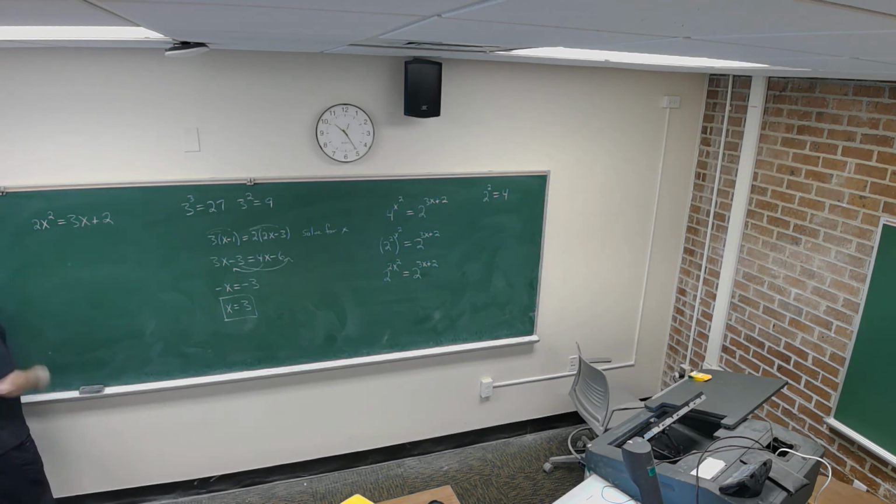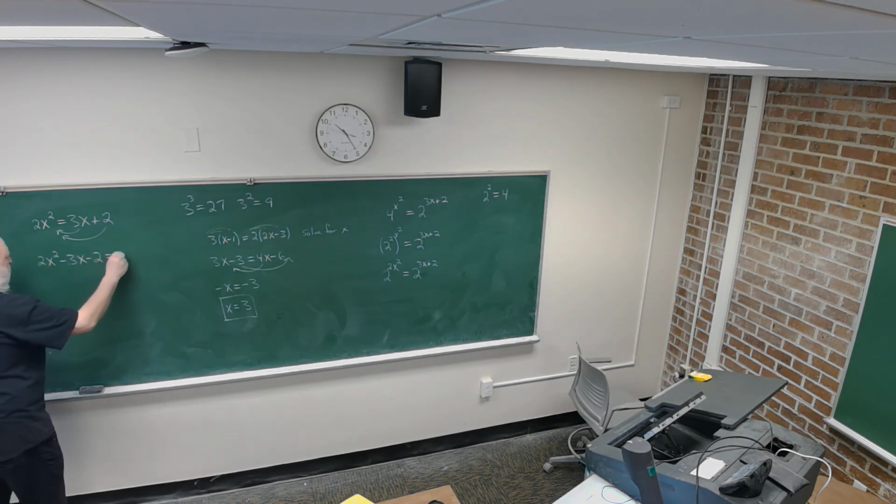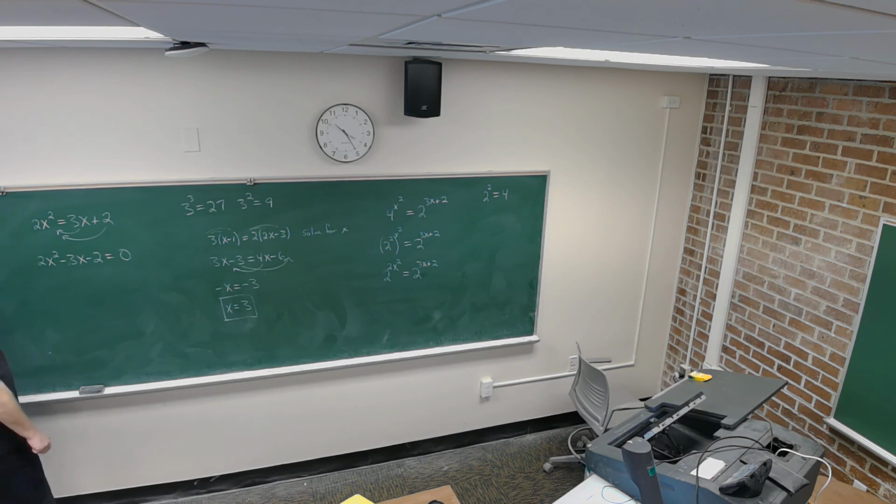And now this is a quadratic, okay? We're going to have to factor. So we'll put it in standard form by subtracting 3x and 2 from both sides. You get 2x squared minus 3x minus 2 is equal to 0.